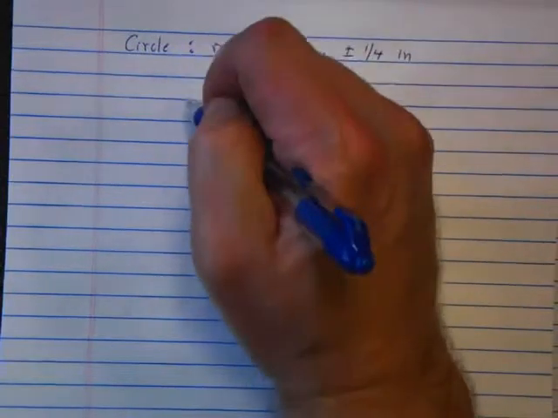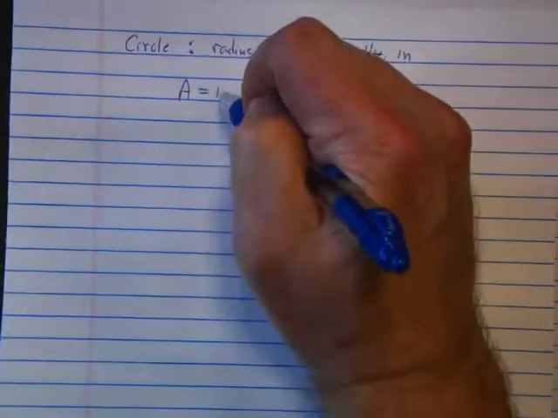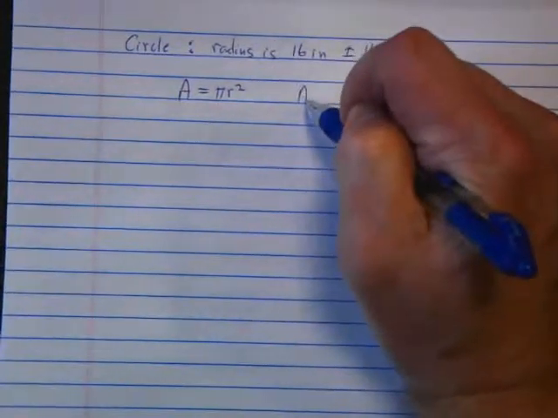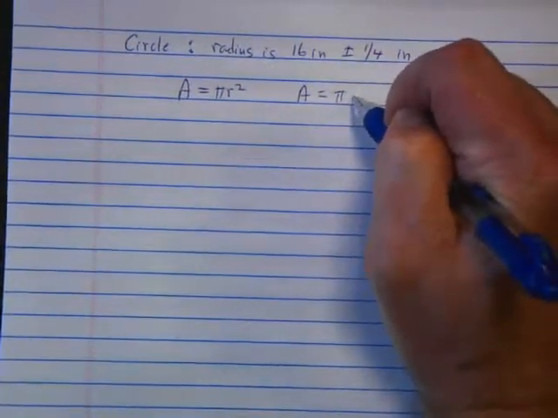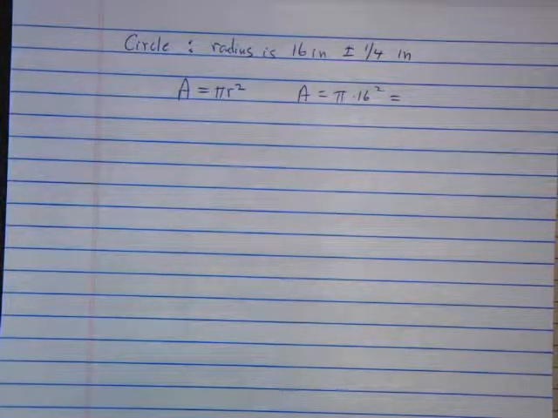How far off is the area? Well, how do you find the area of a circle? Pi r squared. So the area should be pi times 16 squared. What's 16 squared? 256.